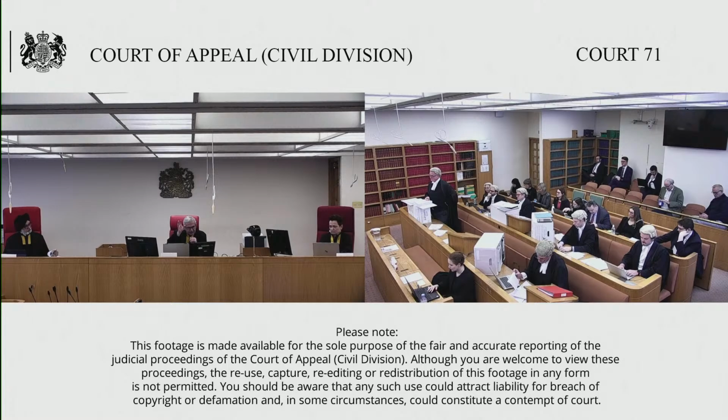Now, I know Lord Sales went a bit further than probably one could properly say Lord Reed has gone here, but by marginalising Lord Hamblin and Lord Stephens, he surely is saying that is to be confined to that kind of case and that all other cases are in the same category.